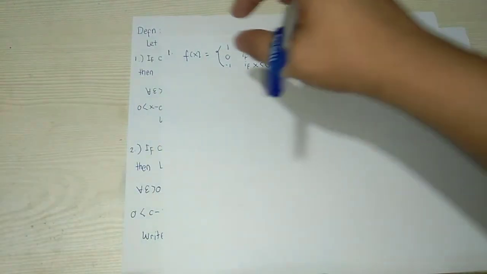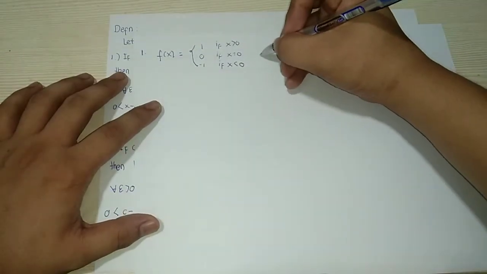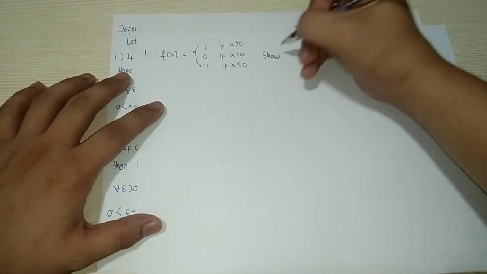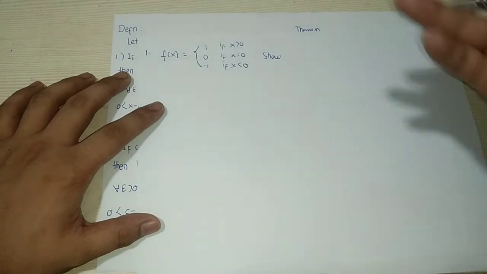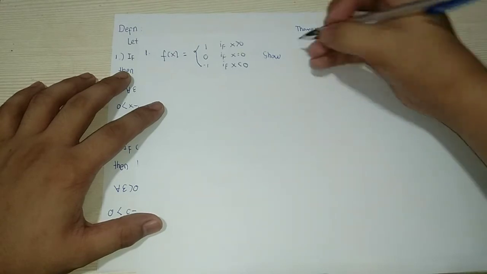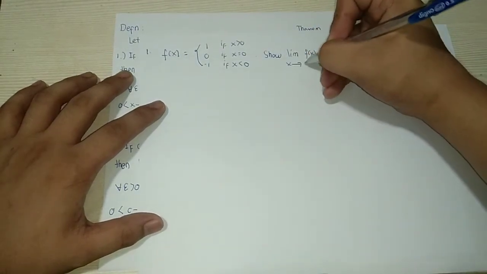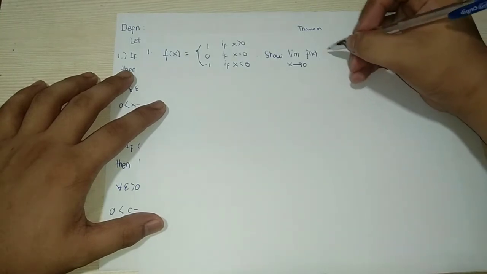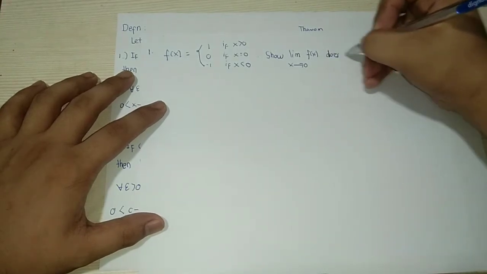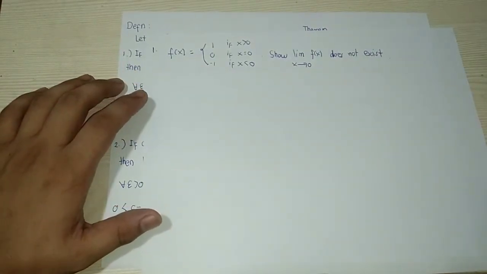Again, this piecewise function is better known as the signum function. Now, using the right-hand and left-hand limits, and using the theorem also, show that the limit of f(x) as x approaches 0 does not exist.